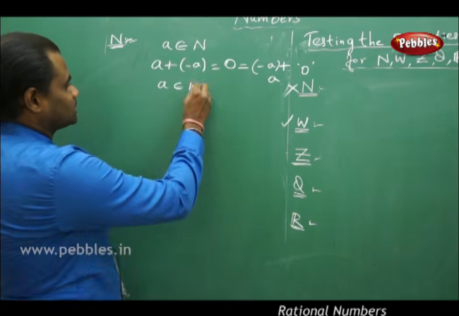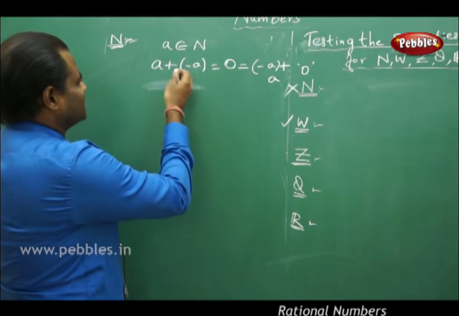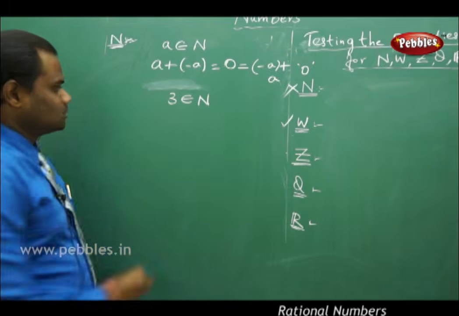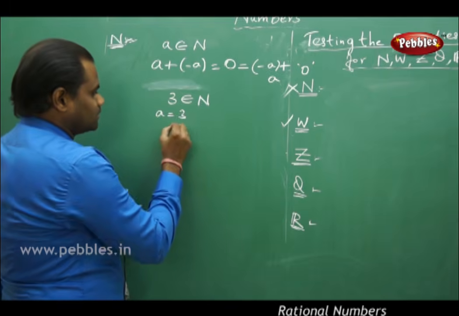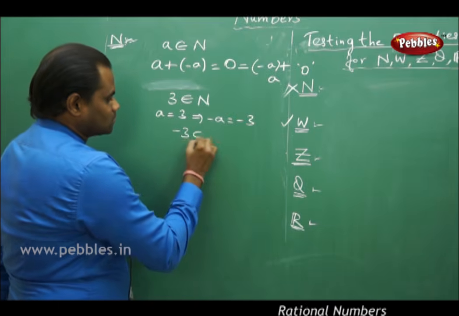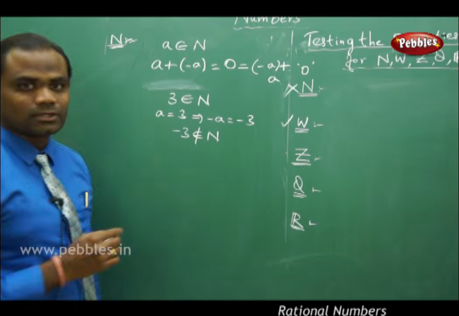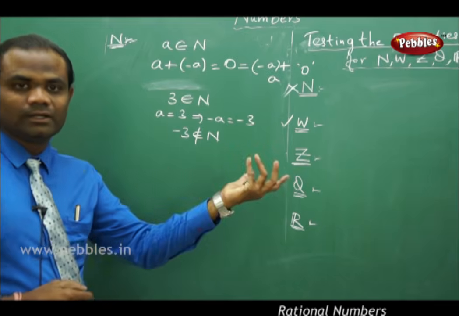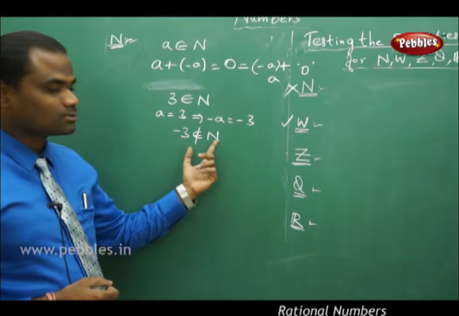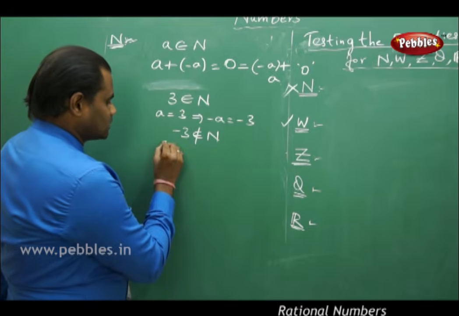The reason being that if I take a natural number, say 3, belonging to N, then if a is 3 here, that implies minus a is minus 3, which does not belong to natural numbers. So every positive number does not have a negative number in the natural numbers. Therefore minus 3 does not belong to N.